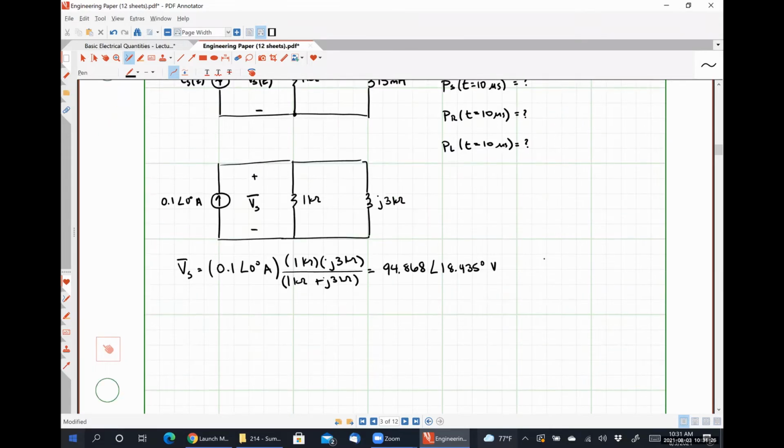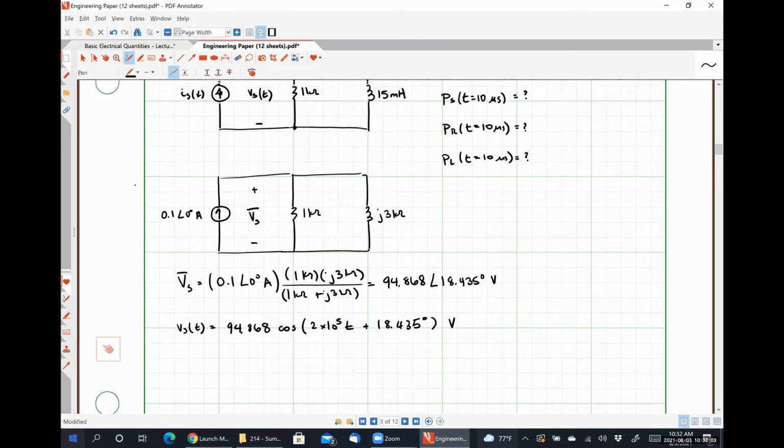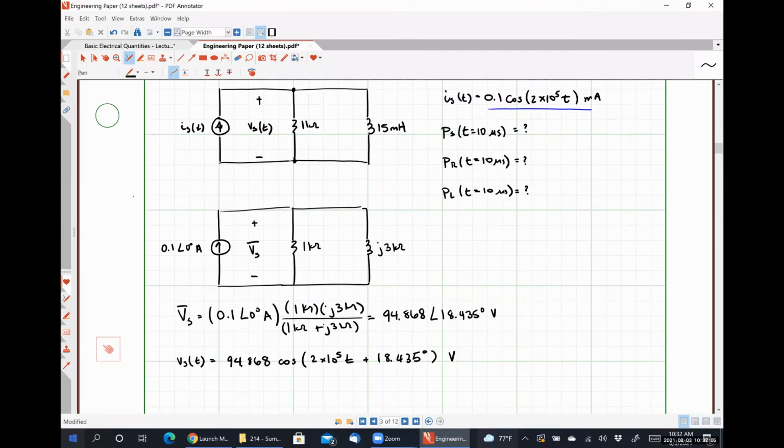So from this, we could easily see that Vs of t would be 94.868 cosine of 2 times 10 to the 5 t plus 18.435 degrees volts. Sorry, that 5 looks terrible. So I believe the suggestion was for us to calculate the power absorbed by the current source first, right?